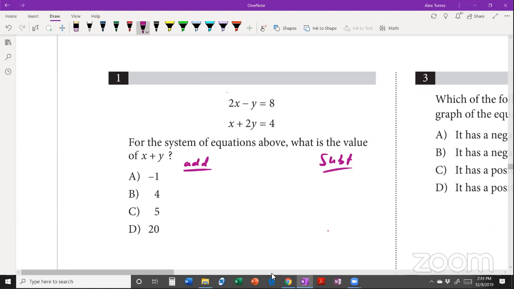So if we add straight down, just everything in here, we would get 3x plus y equals 12. If we maybe reversed one of the signs, so we'll take this one and multiply everything by -1, that's the idea of subtracting them. So now we would get x minus 3y equals 4.